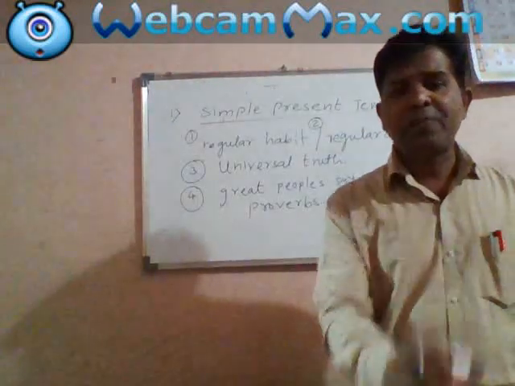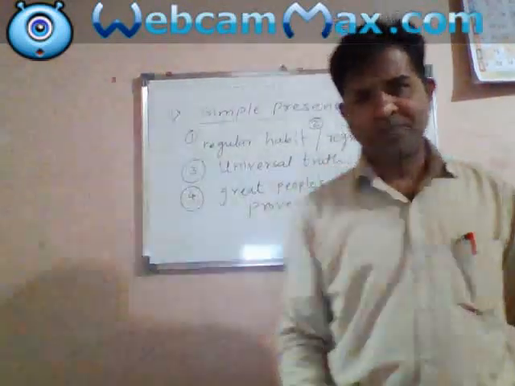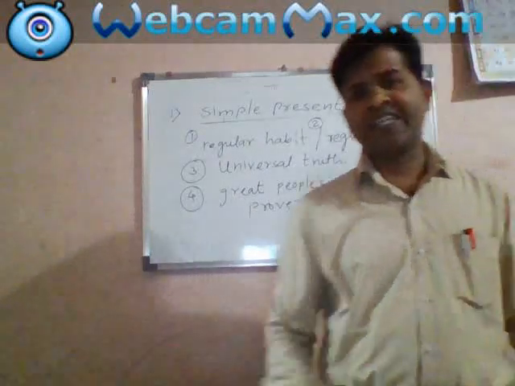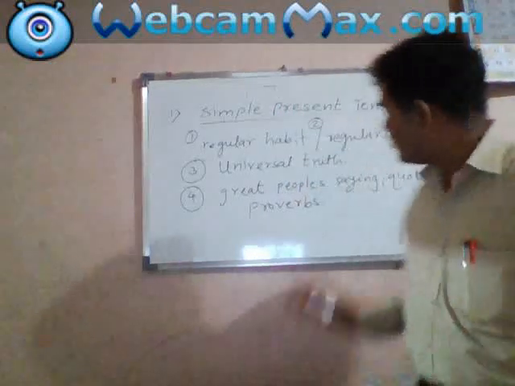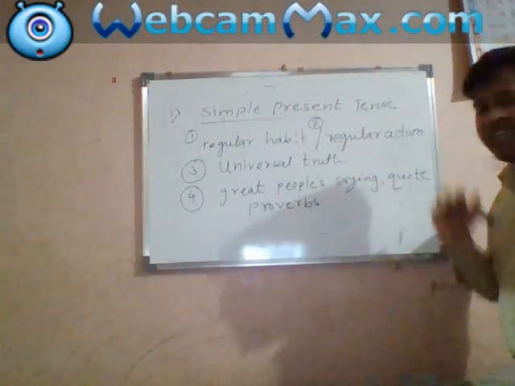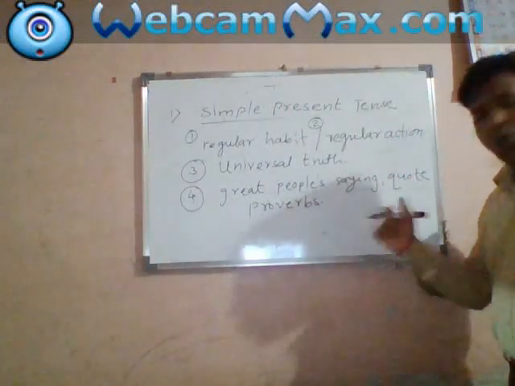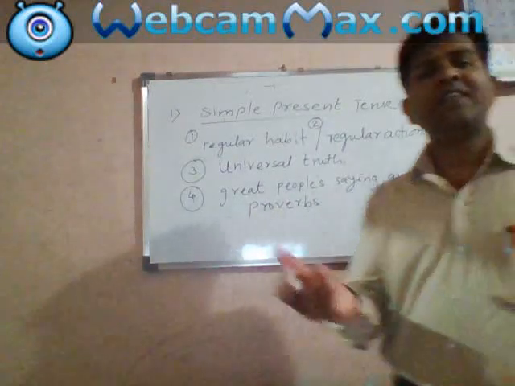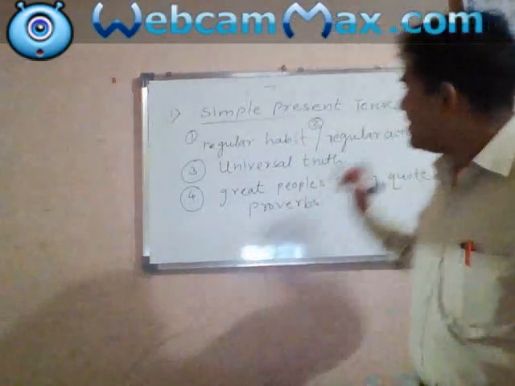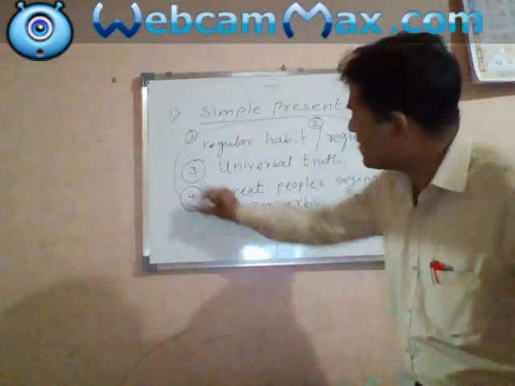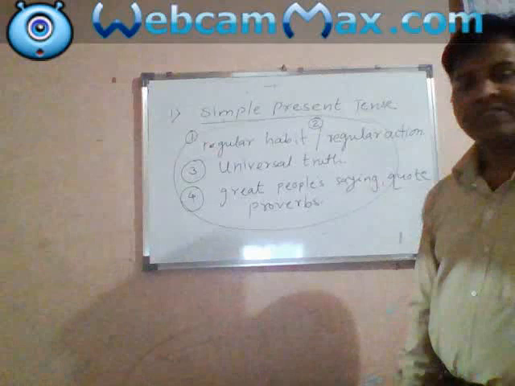It is a great person's quote, and so it must be said in simple present tense. Sayings and proverbs must be said in simple present tense. Okay, so that is the usage of simple present tense.